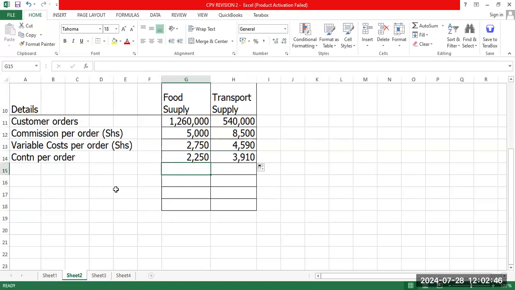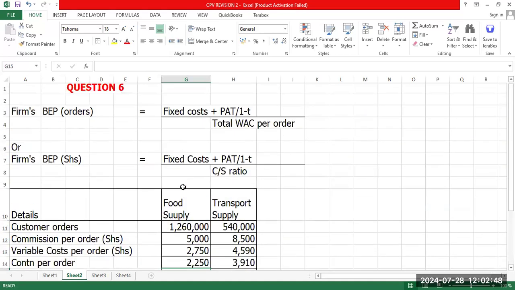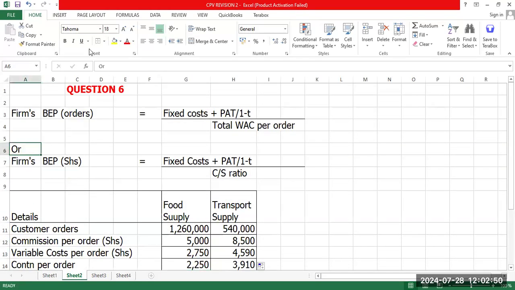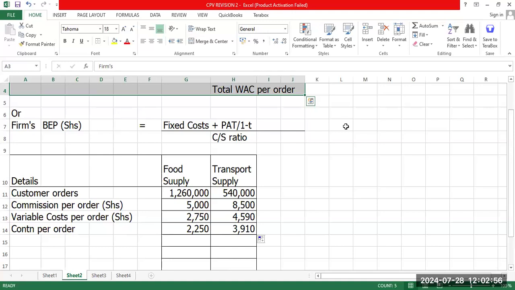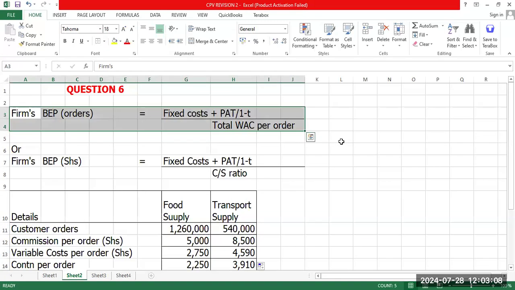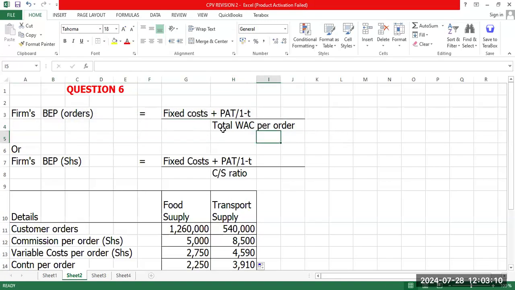Colleagues, since we are familiar with this, if you are not given a sales mix, you can just focus on contribution per unit.